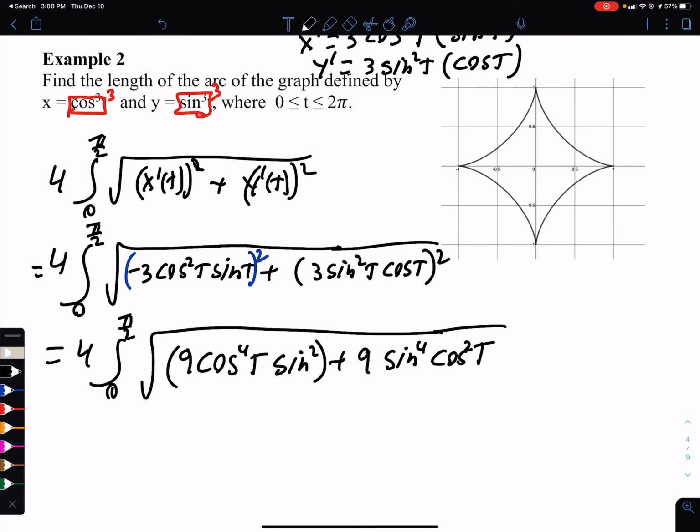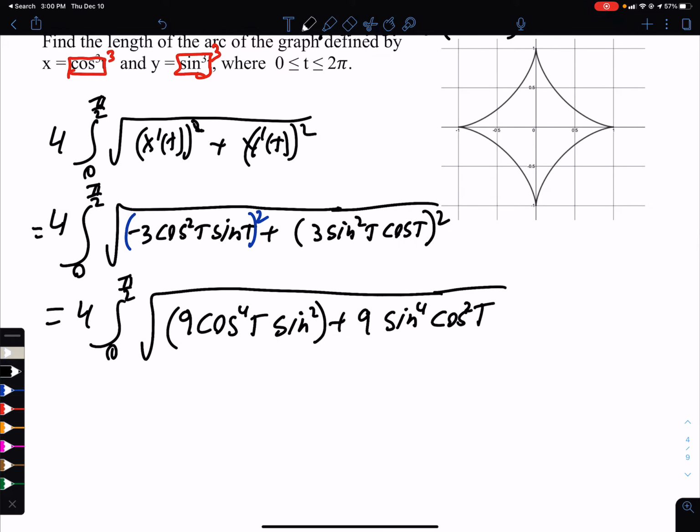Now we're going to factor. Do they have anything in common? And they do. Let me highlight this for you. They both have a sine squared, so I'm going to take sine squared out. And they both have cosine squared, so I'm going to take cosine squared out. And they both have a 9, I'm going to take the 9 out.